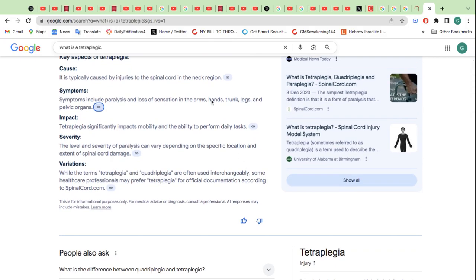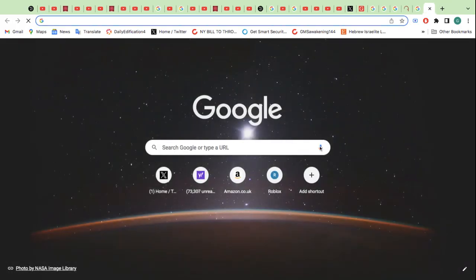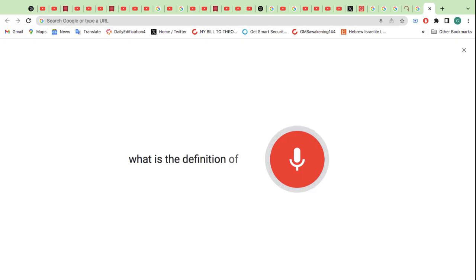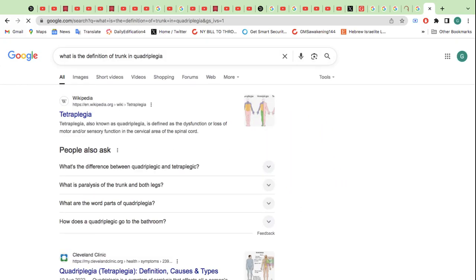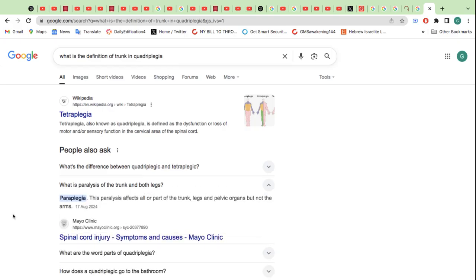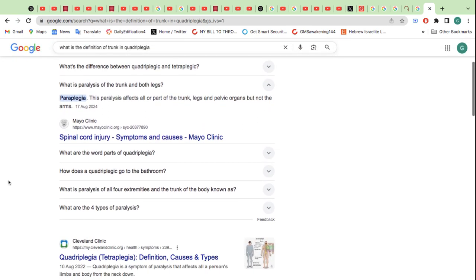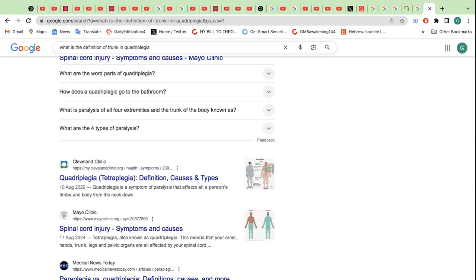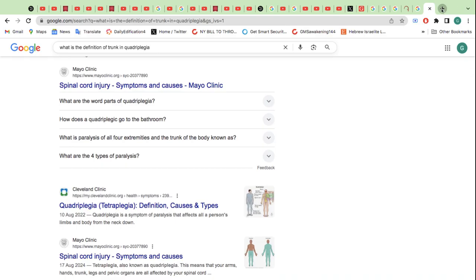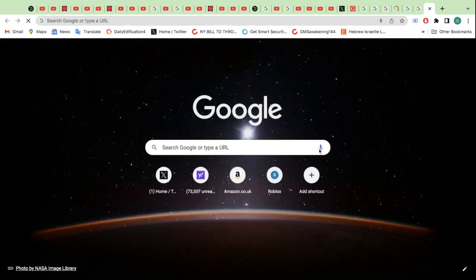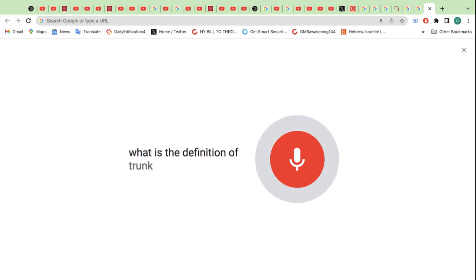Impact. What do they refer to the trunk? What does that mean, trunk? What is the definition of trunk in the human body?